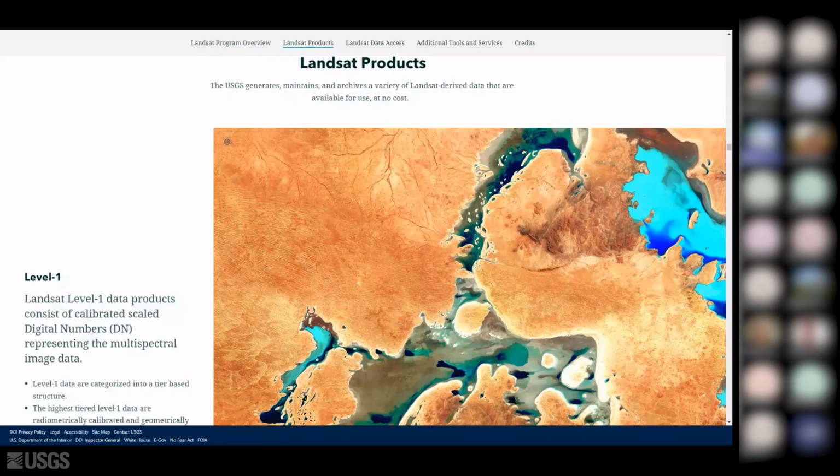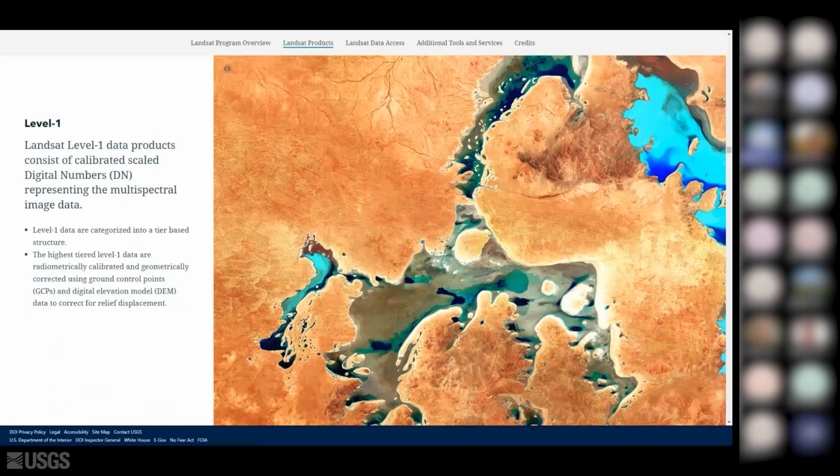Thank you, Holly. Now let's talk about some of the products that Landsat offers. The USGS generates, maintains, and archives a variety of Landsat-derived data that are available for use at no cost to you, which is pretty cool. First, let's go over our Landsat Level 1 data products. These consist of calibrated scaled digital numbers, or DN, that represent the multispectral image data.